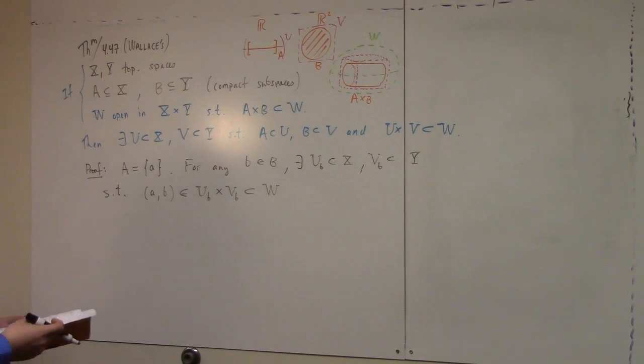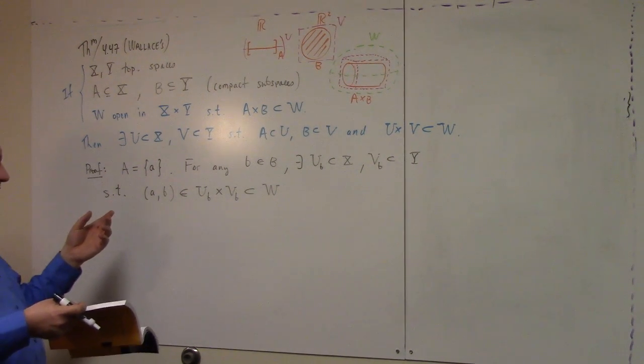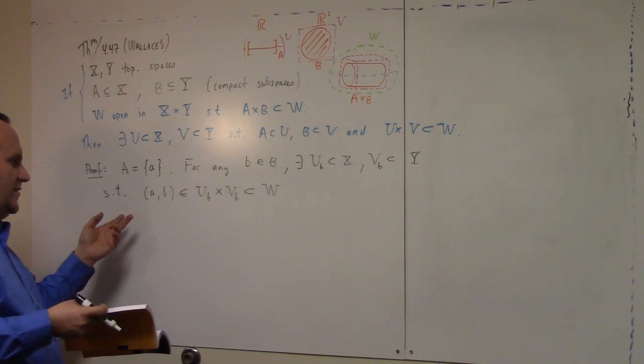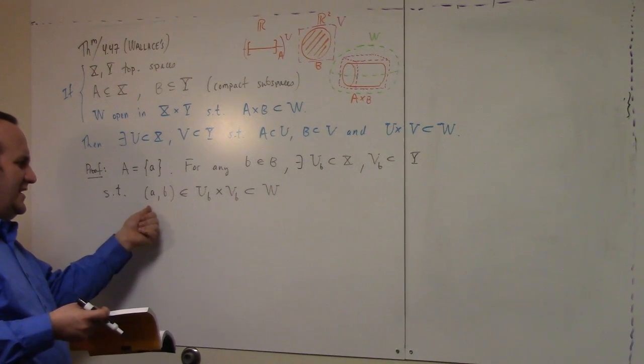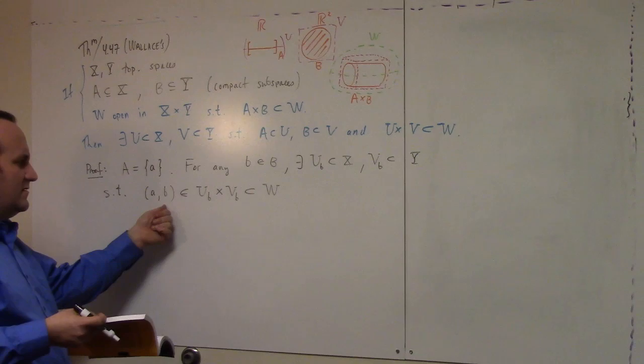Where's the... I guess W is a... What is W? It's an open set which contains A cross B. So if W is an open set which contains A cross B, certainly it has pairs that have A in it with something else over here.